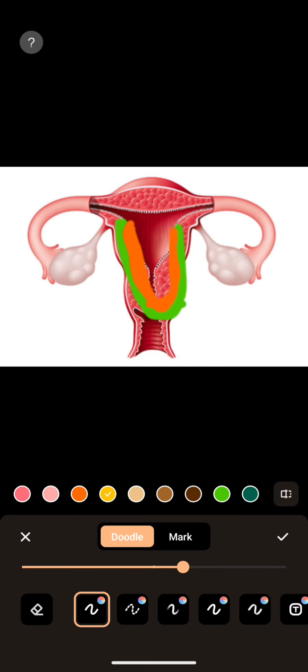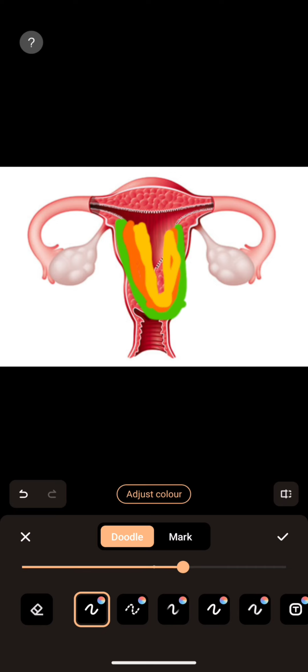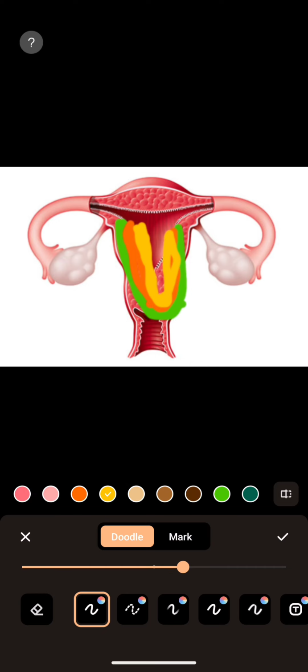Next is our functional layer. The functional layer is seen above the basal layer. It is 2.5 millimeters in thickness. Changes in this layer are influenced by the ovarian hormones. Next is the spongy layer.